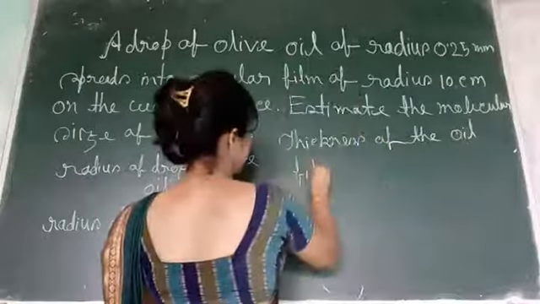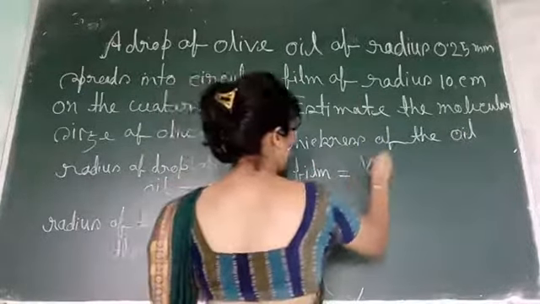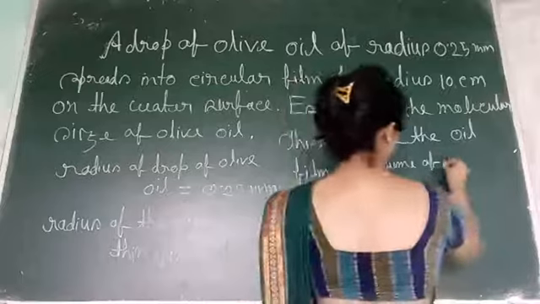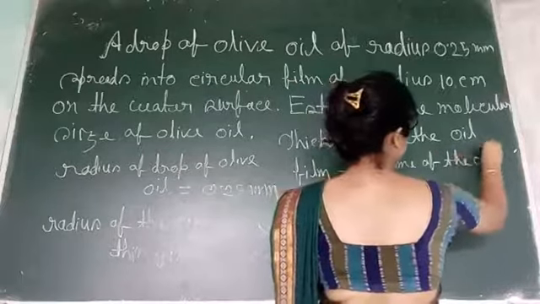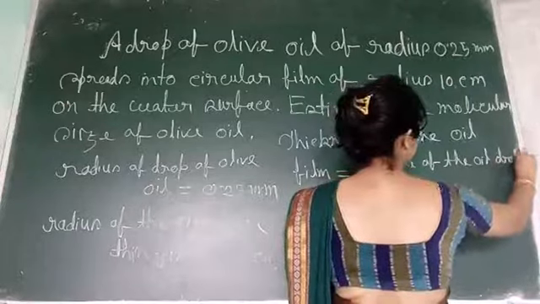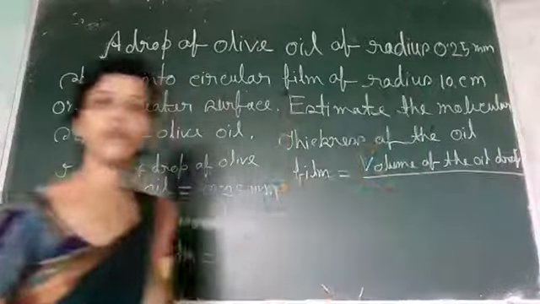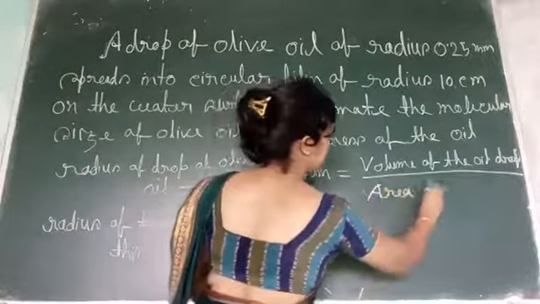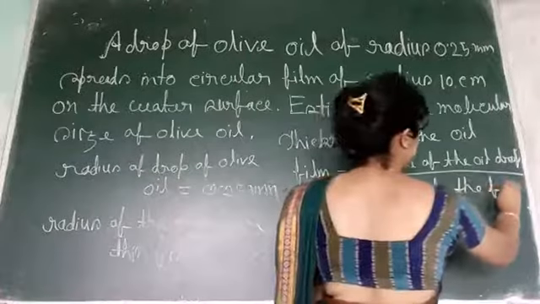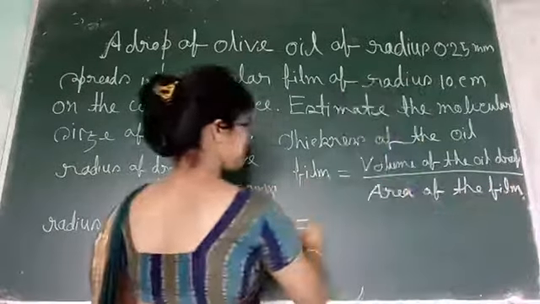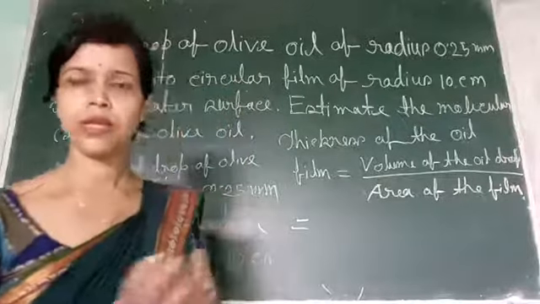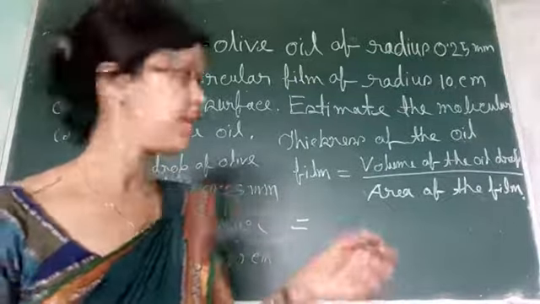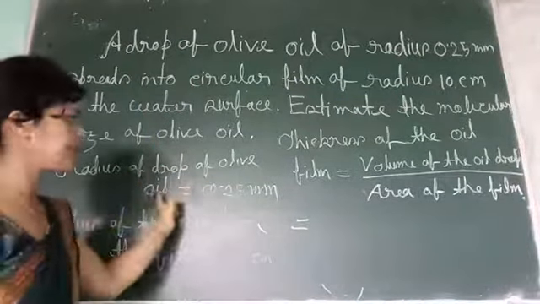It is equal to the volume of the oil drop divided by the area of the film. Now the volume of the oil drop: the oil drop is considered as a sphere. That is why the radius is given, the radius of the drop of the olive oil.